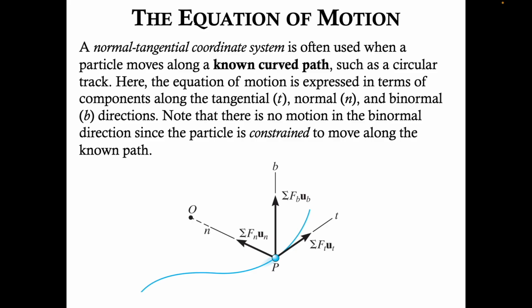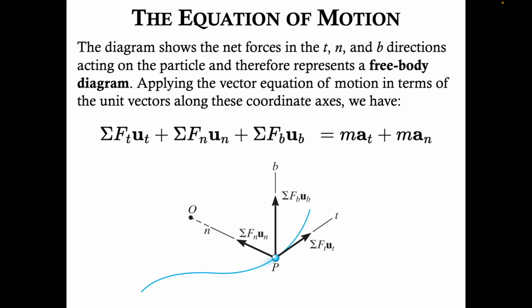And recall that this coordinate system is unique because the origin, and therefore the orientation of the axes, constantly changes with the changing motion of the particle, and the origin of those axes is always located at the particle itself. The diagram below shows the net forces in the t, n, and b directions acting on the particle, and therefore represents a free body diagram.